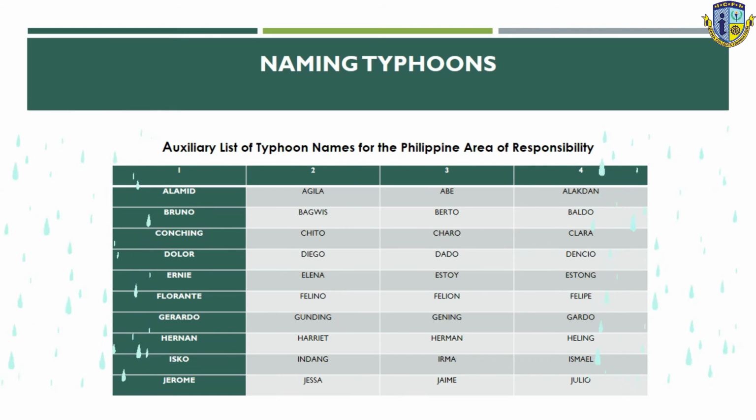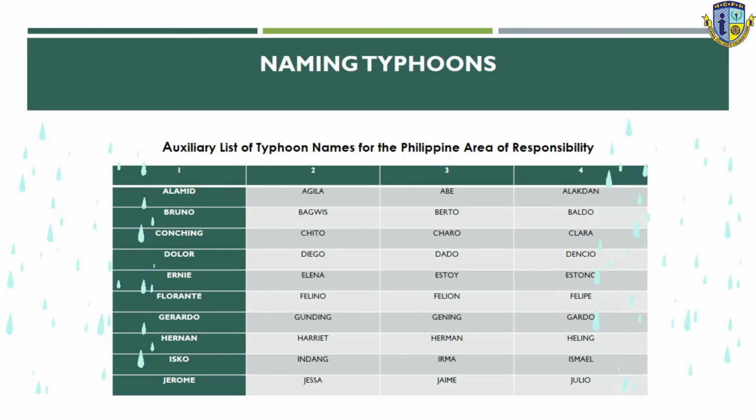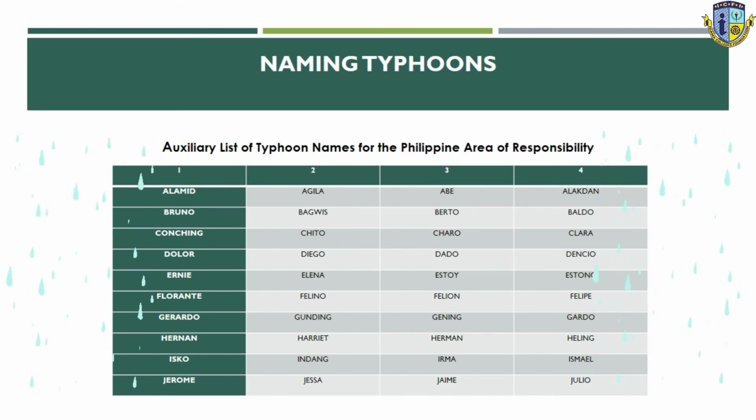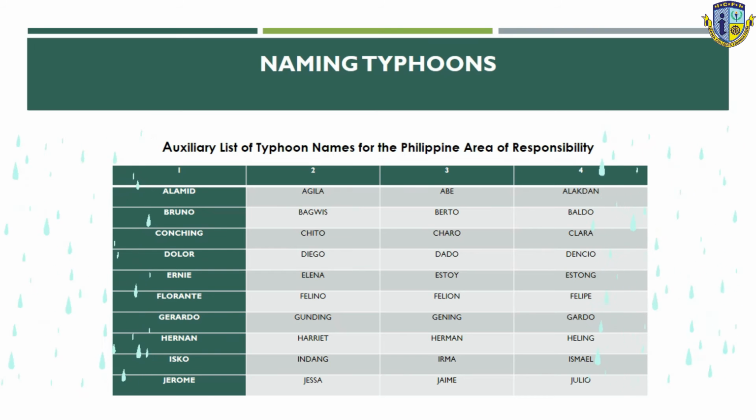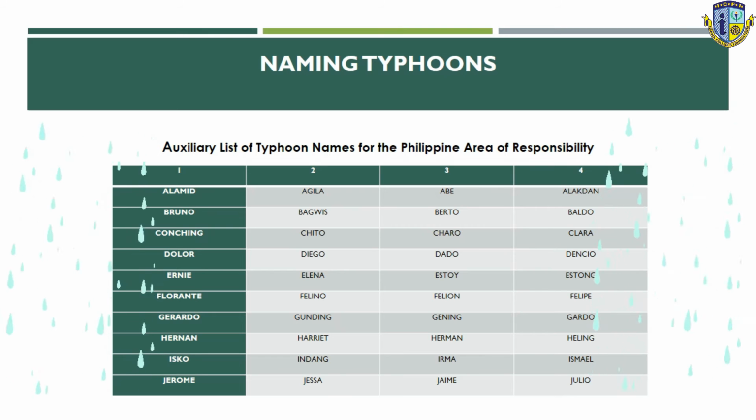And the last set: Alakdan, Baldo, Clara, Densyo, Estong, Felipe, Gardo, Heling, Ismael, and the last one is Julio.